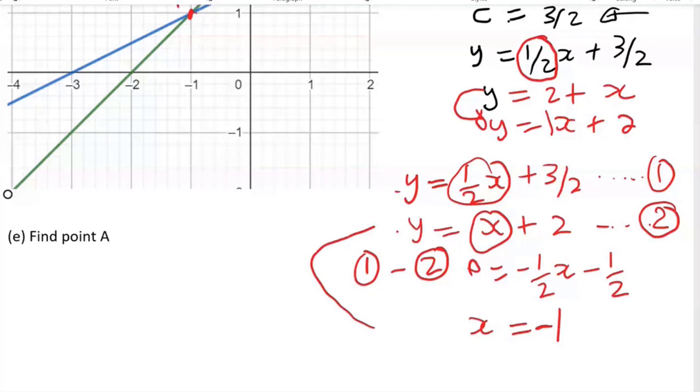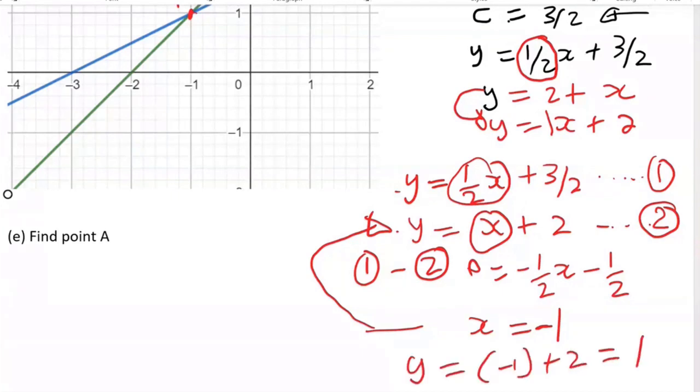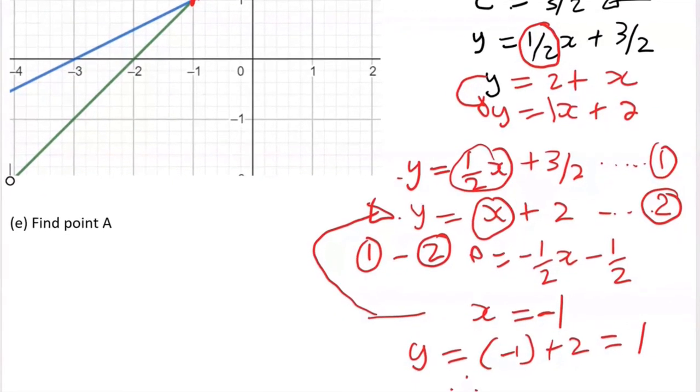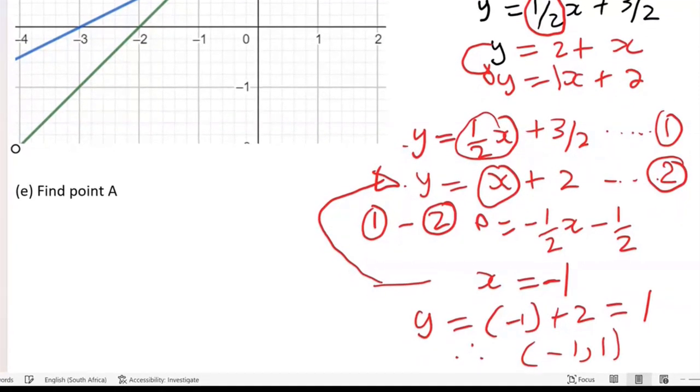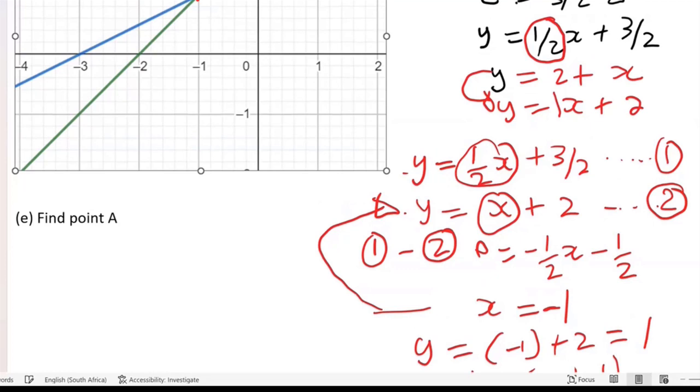So you substitute x is equal to minus 1 into equation 2. You're going to have y is equal to minus 1 plus 2, which is equal to 1. Therefore, your point of intersection is minus 1, 1. So we have proven it indeed.